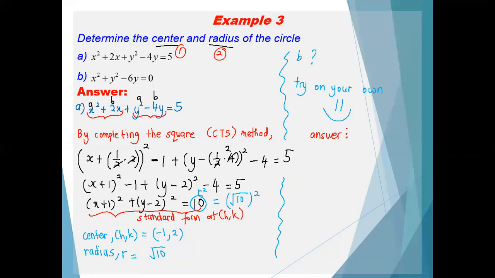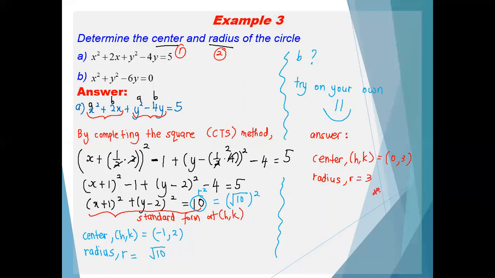Alright, so the answer is center is at, okay, kalau tengok kat sini is at 0, 3, and the radius is 3.